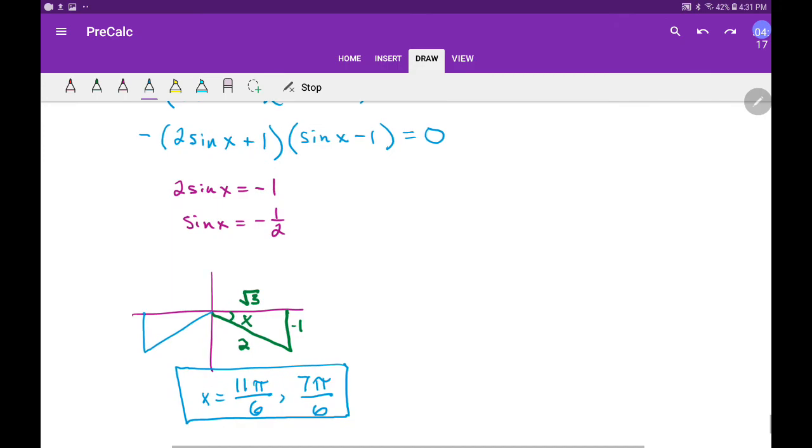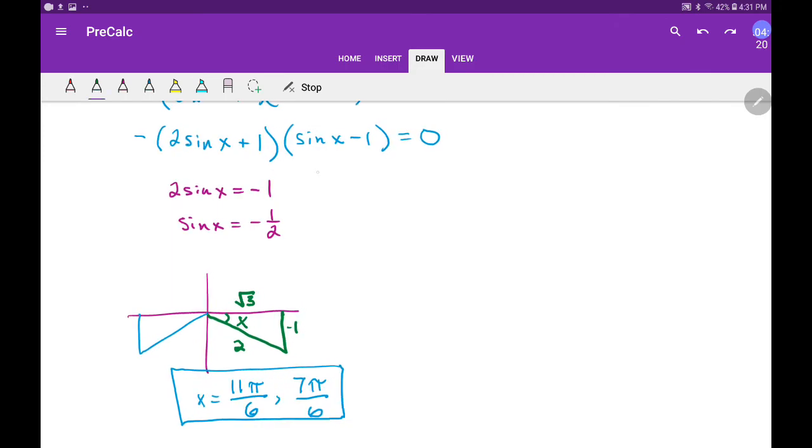All right. And now I'm thinking about the situation where the sine of x is equal to 1, so that this will be 0. And when is the sine of x 1? Well, positive 1. It only happens in one place from 0 to 2 pi, and that is pi over 2.